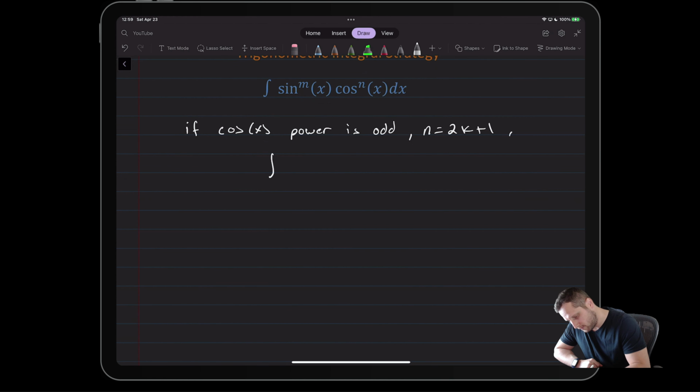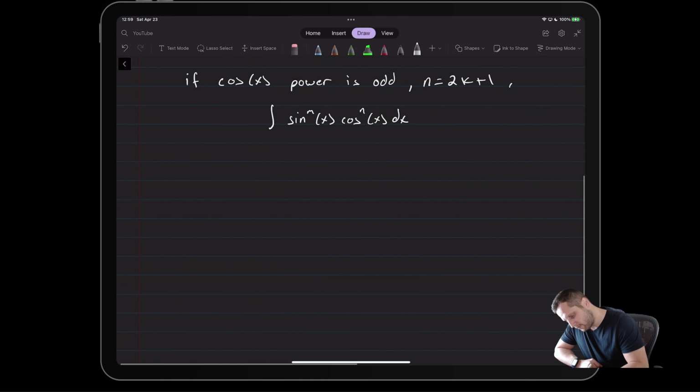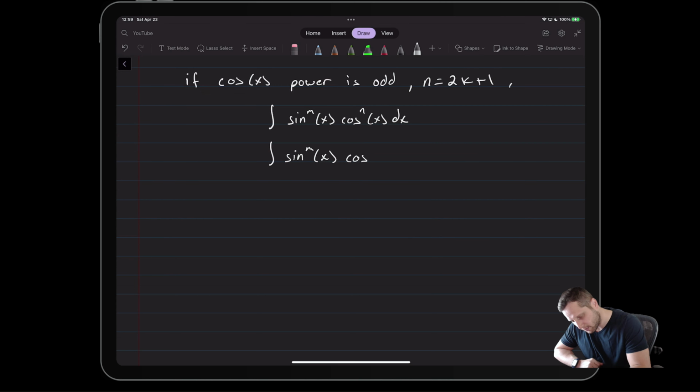So you have the integral of sine m x cosine n x dx, and we're going to rewrite this n as 2k plus 1. So that's the integral of sine m x cosine x to the 2k plus 1 dx.